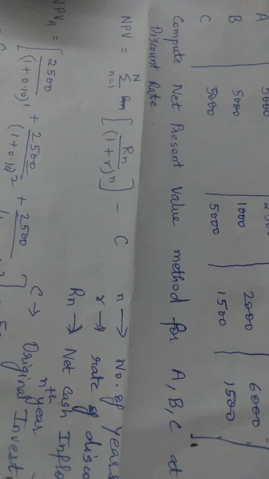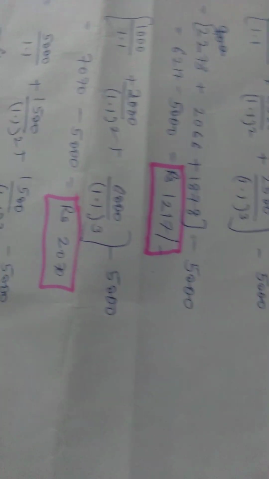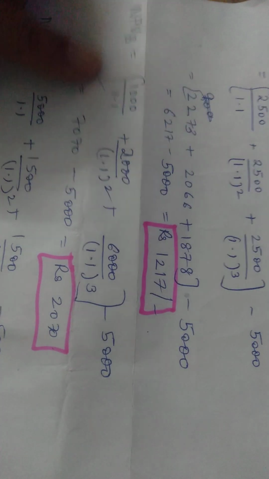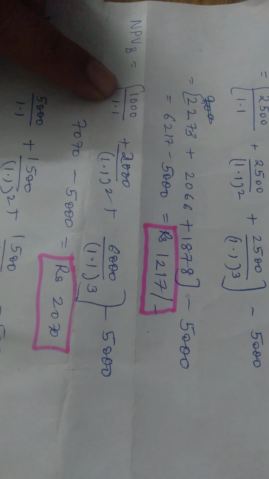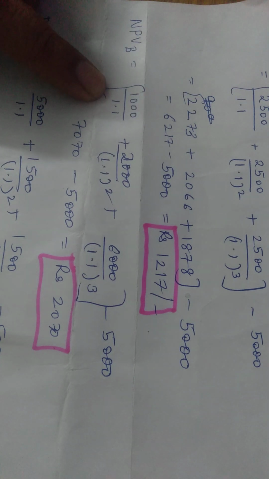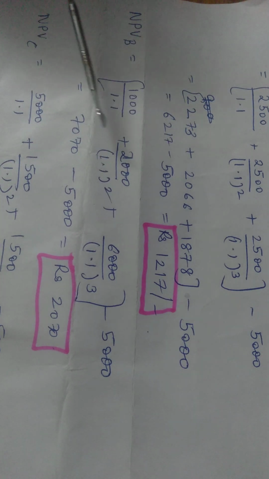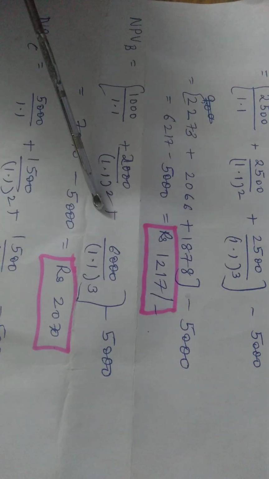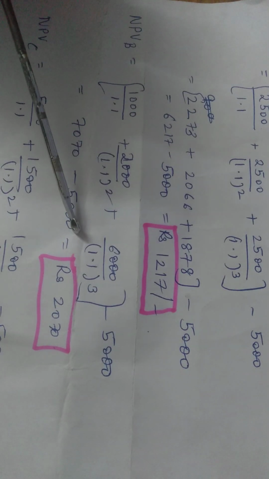Now let us come to the computation of NPV for project B. The first cash inflow will be 1,000 divided by 1.1, then plus 2,000 divided by 1.1 square as per the formula, plus 6,000, which is the net cash inflow for the third year, which has to be divided by 1.1 cube.